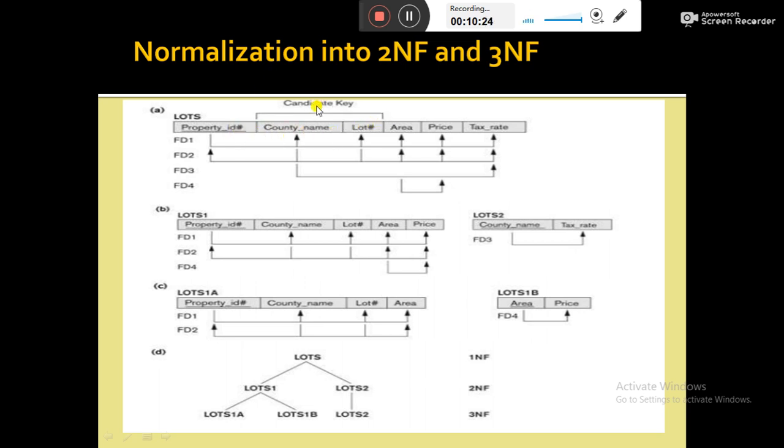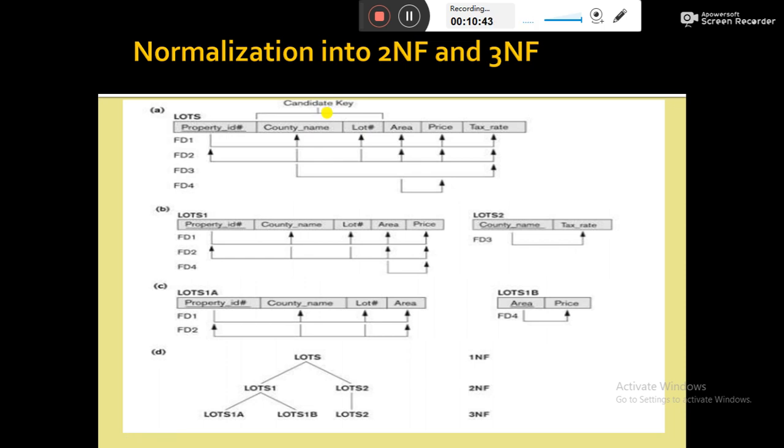The constraint given is that property ID is a primary key, and the combination of county name and lot number is designated as a candidate key. That means this candidate key is a composite candidate key.